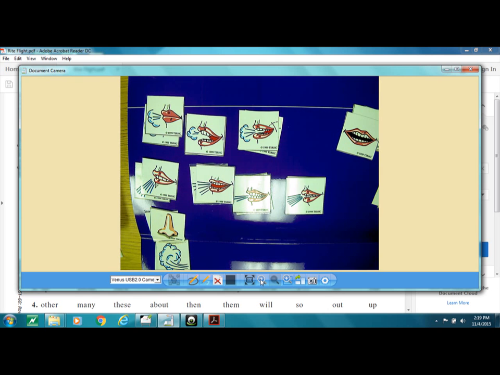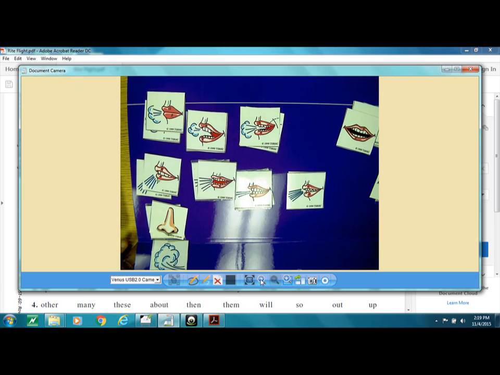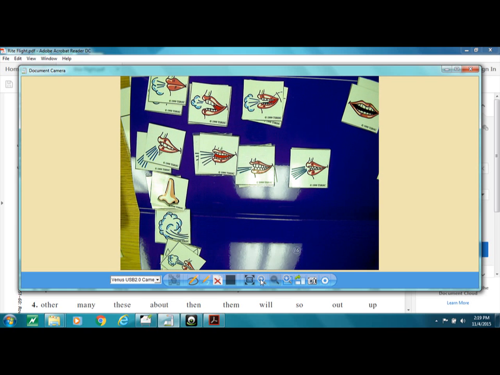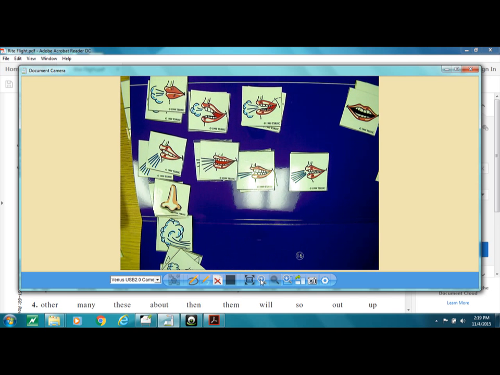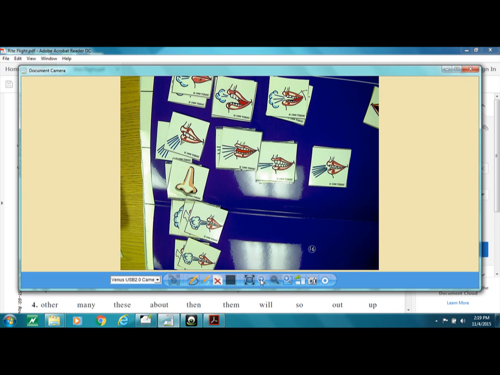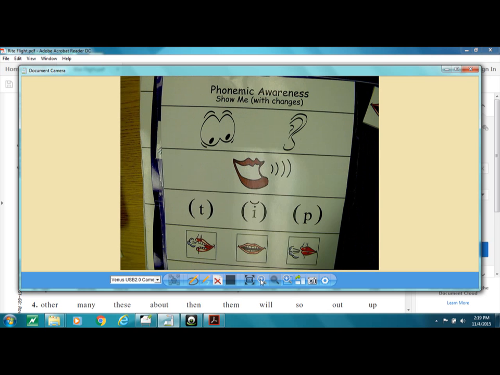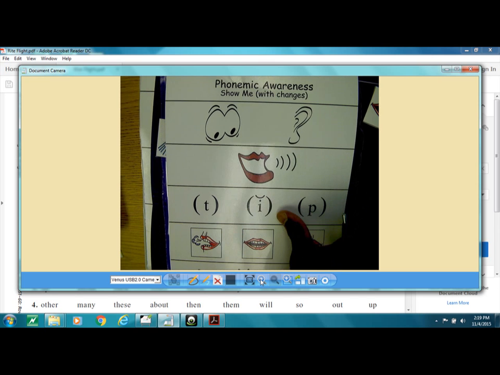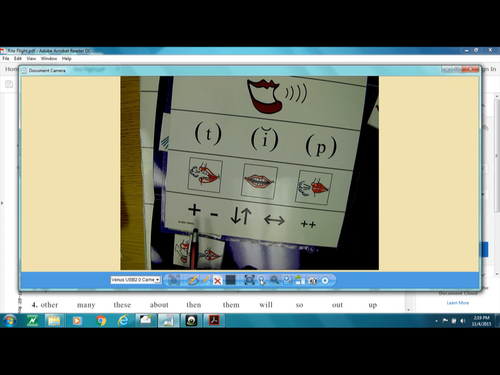Now what we're going to do is we're going to do it with the changes. We're going to start with one and then we're going to change them as we go. Are you ready? So we're going to echo, name. You're going to look and listen. Echo. Unblend. We're going to pull down the sound cards. And then we will add, take away, replace, and switch out.